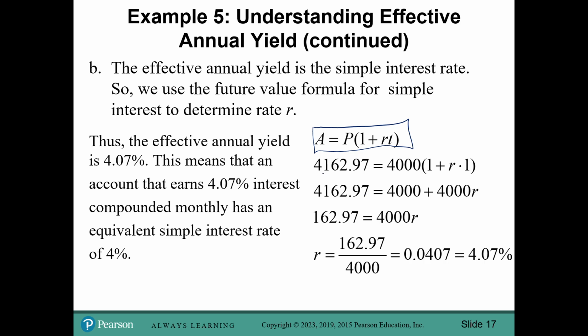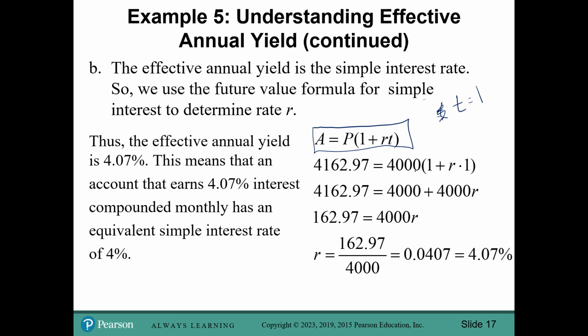We're going to take the value that we wound up with after our monthly compounding, our future value, which is from part A, our $4,162.97. That is going to equal $4,000 times (1 plus R times 1). Okay, because we're just looking after 1 year. So our time T here equals 1. That's where that 1 came from, right there next to the R.